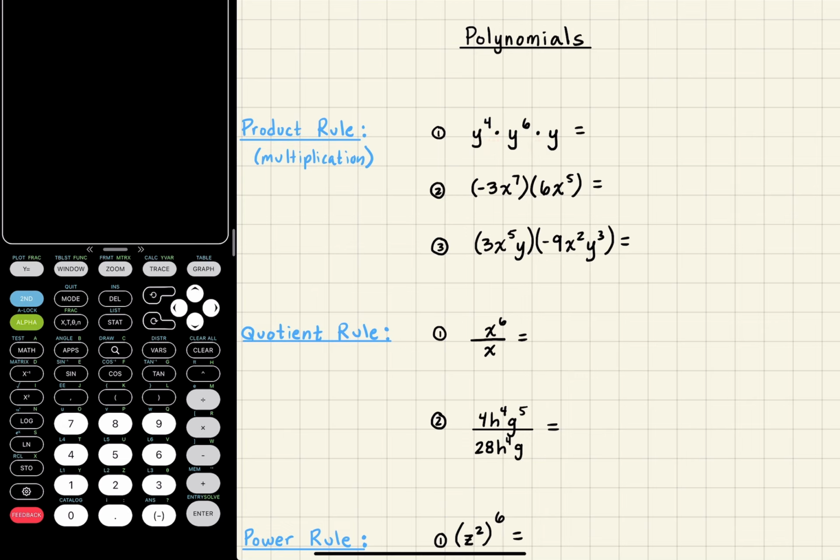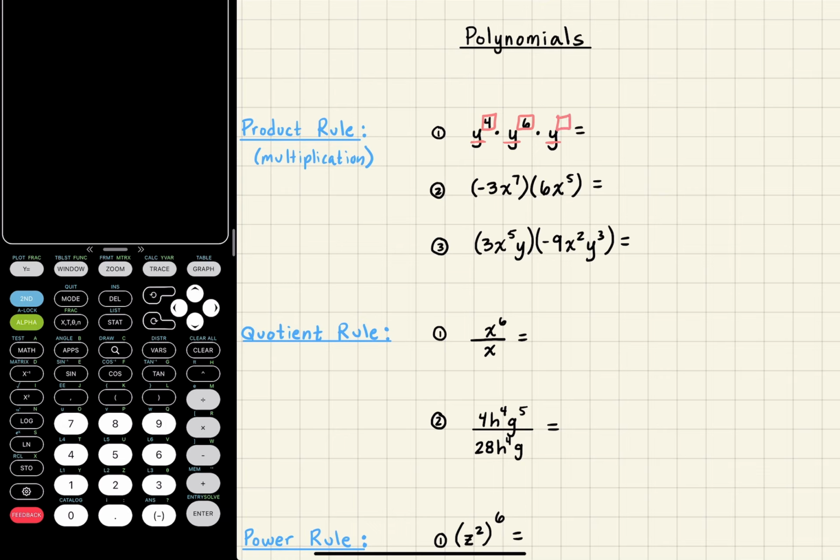And the product rule states that when you're multiplying terms that have the exact same base, which these all do, these all have a base of y, you keep the base just the way it is, and you add the exponents from each term.